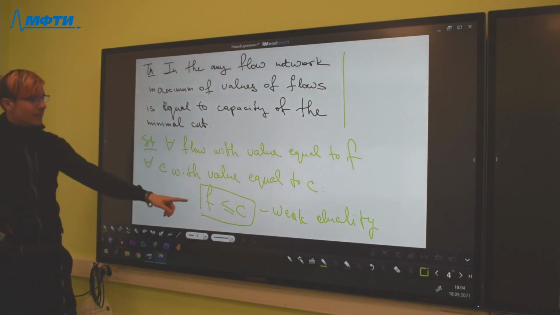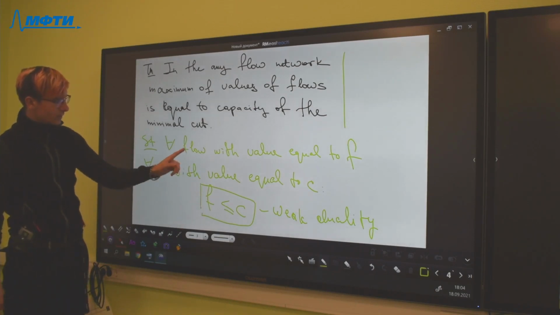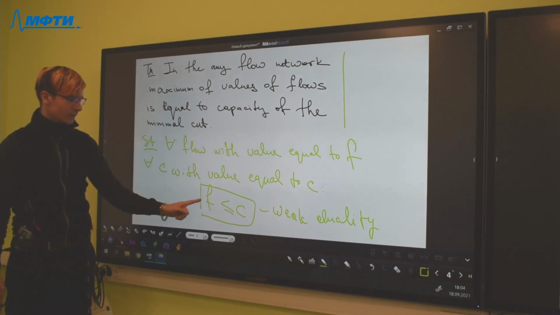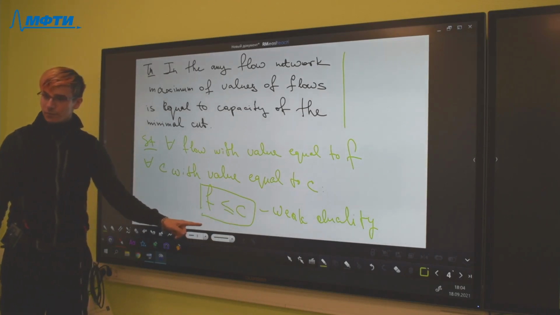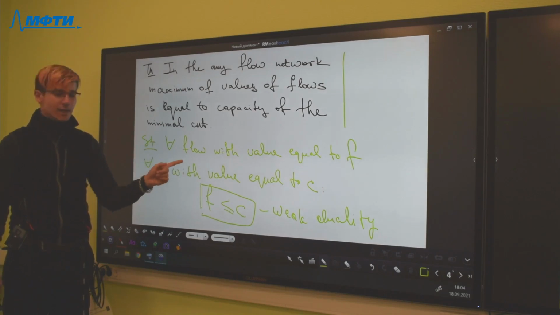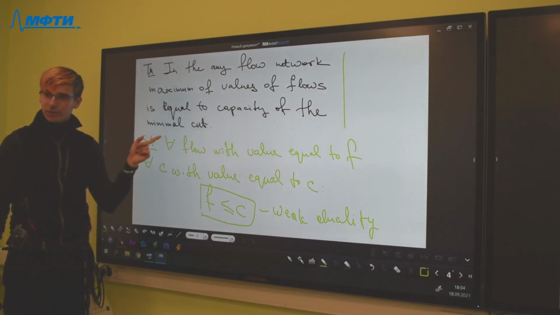So if we find such a flow and such a cut that there is equality, then we can say that such a flow is the maximal flow in the graph, and such a cut is the minimal cut of the graph.